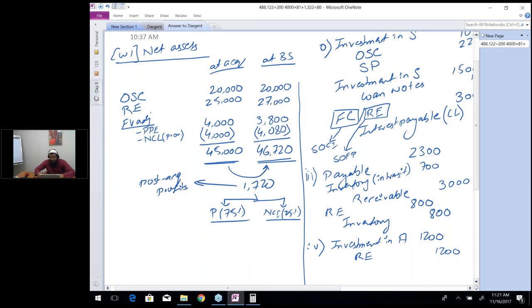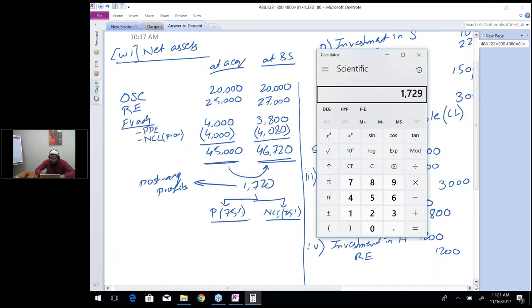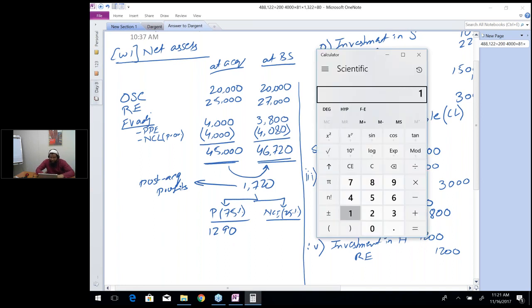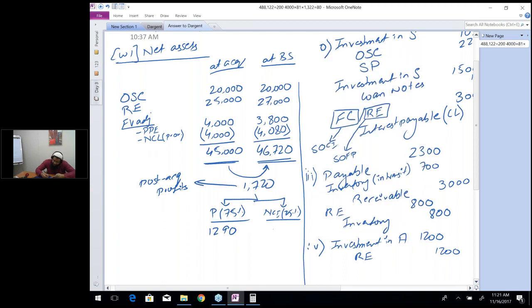So 75% of 1,720 is going to be 1,290, and 25% of 1,720 is going to be 430. So this is the breakup of the post-acquisition profits: 1,290 relating to parent and 430 relating to NCI.